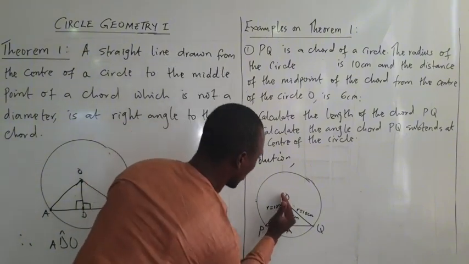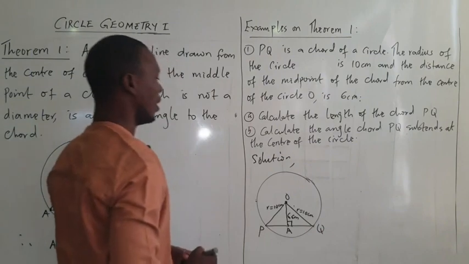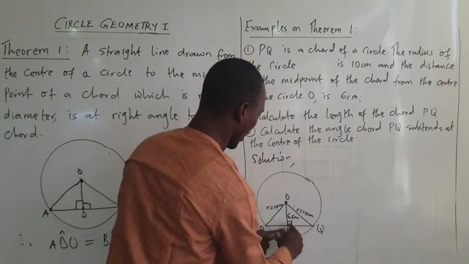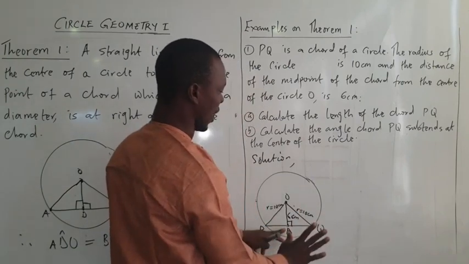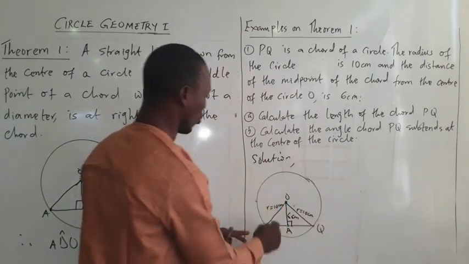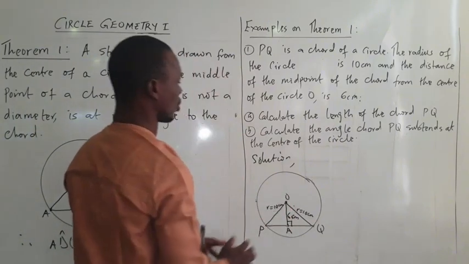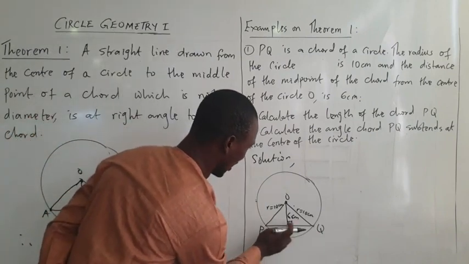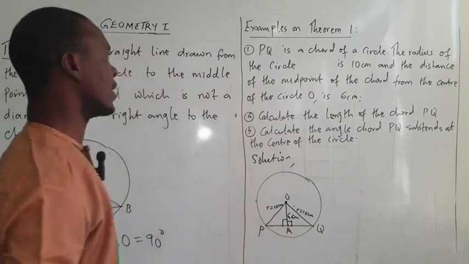Then the angle between the straight line and the chord is 90 degrees, which means triangle OAQ is a right angle triangle. And if that one is a right angle, triangle OAP is also a right angle triangle, because we have angles on a straight line. If this side is 90, this side will also be 90 degrees.